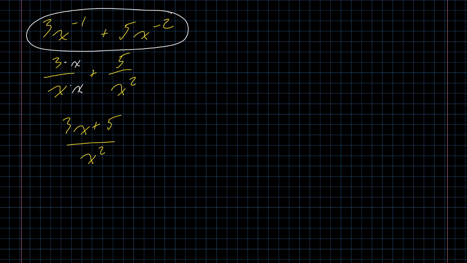The other rule is that fractions are perfectly fine. And 3x plus 5 all over x squared is a perfectly valid way of writing this expression. The only problem here is that when you have fractions, you can't have negative exponents. So being able to bounce back and forth between these two expressions is an important skill.